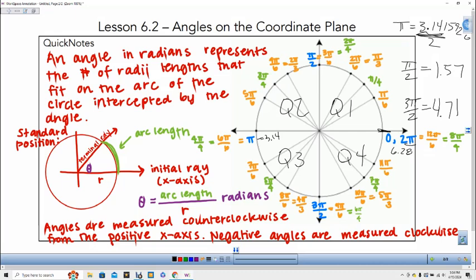All right, so now back to our question that we were asked. We're looking for a measure of 2.7. No pi, 2.7 radians. So where is 2.7 going to fall? Is it going to fall between 0 and 1.57? Or is it going to fall between 1.57 and 3.14?